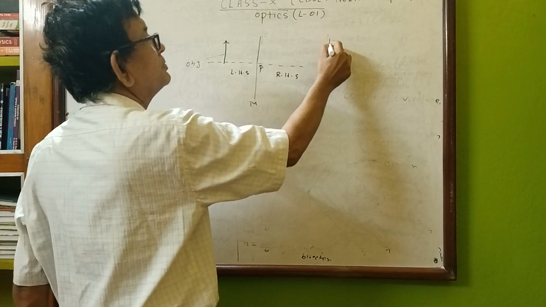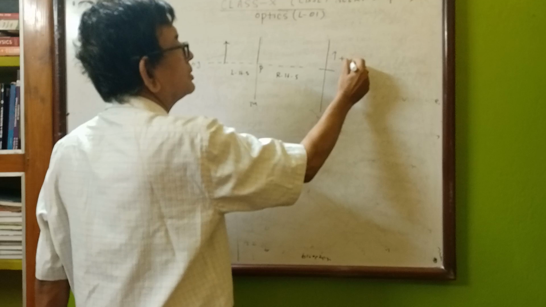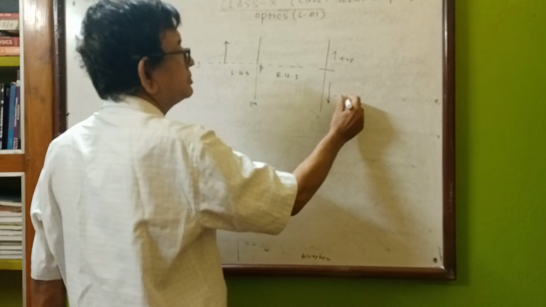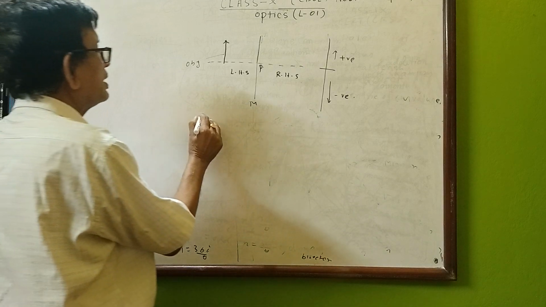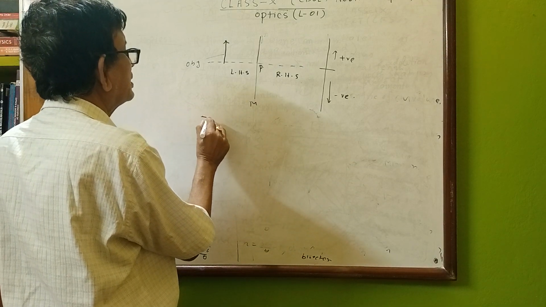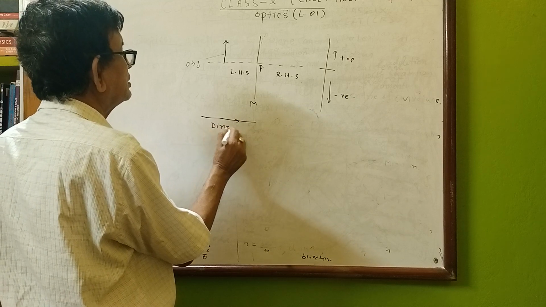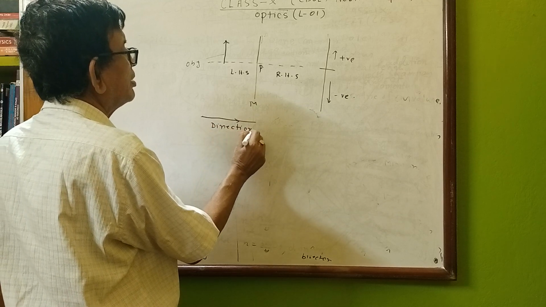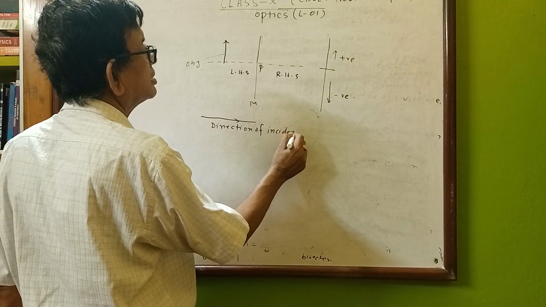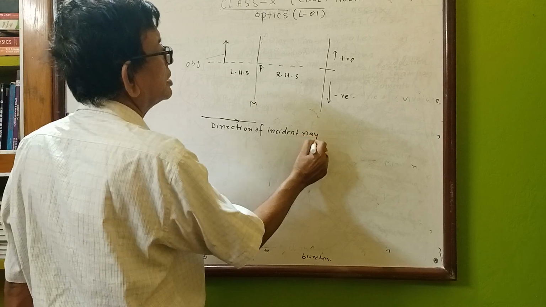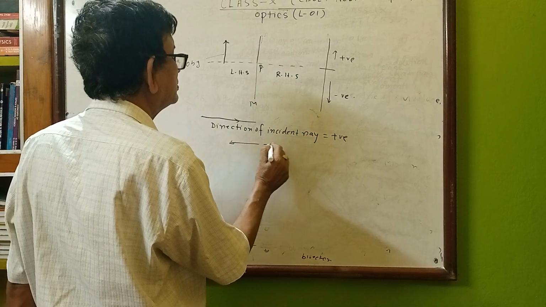Upward is positive. Downward is negative. Any distance along the direction of the incident ray is positive, the reverse is negative.